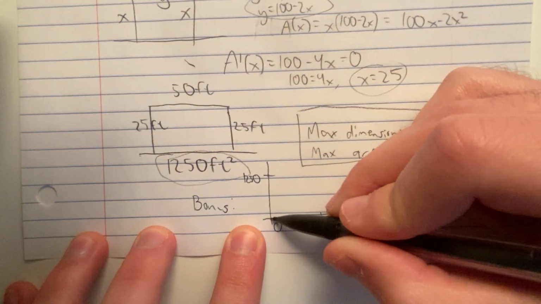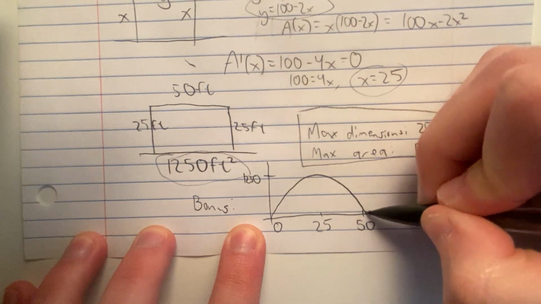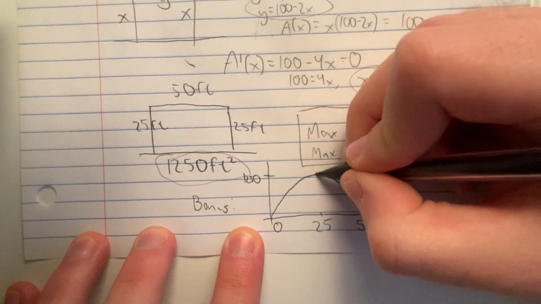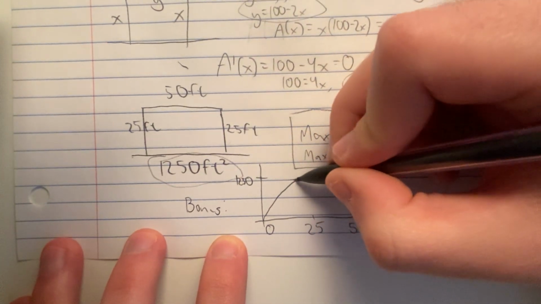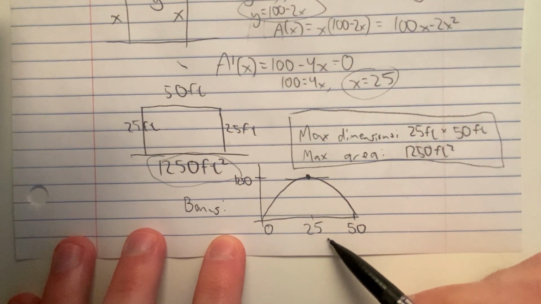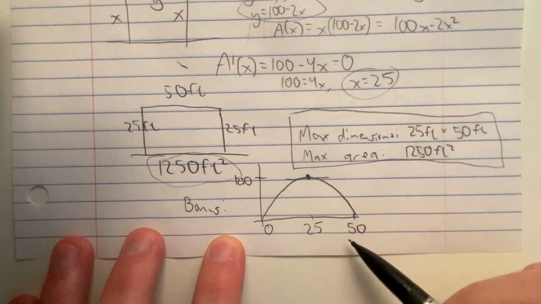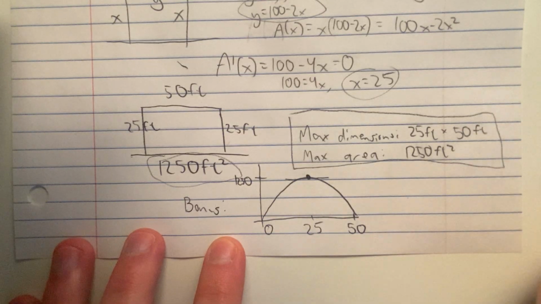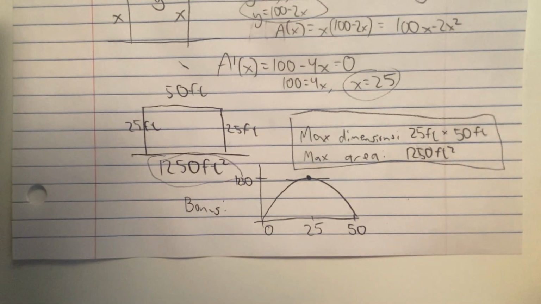And if you plug this into a graphing calculator, you'll see that it's a very nice parabola. Now, in this case, the extremum happened to be exactly between the two endpoints of the interval that we were considering. 25 is exactly between 0 and 50. This will not be the case in general, and we'll see an example of that in the next lesson.